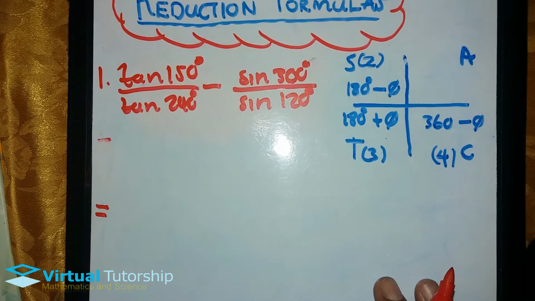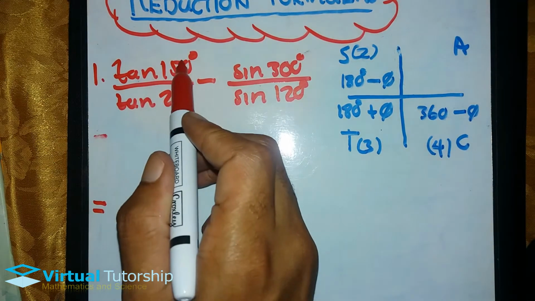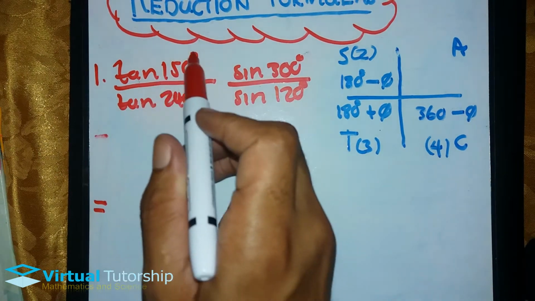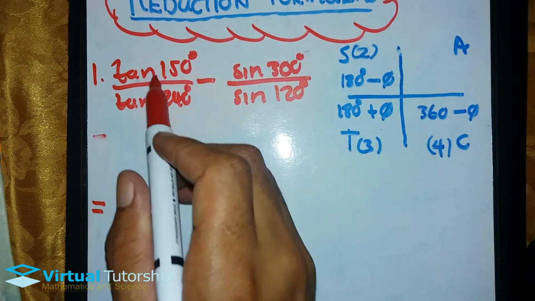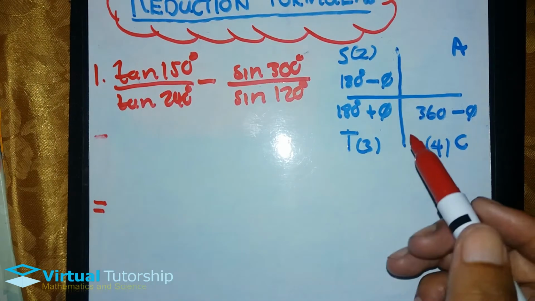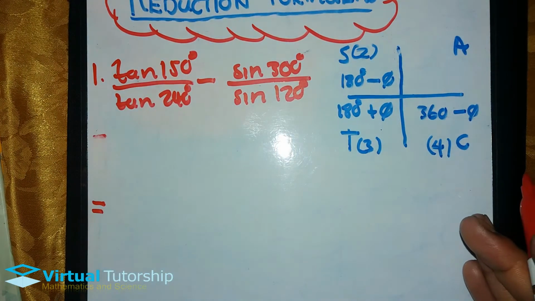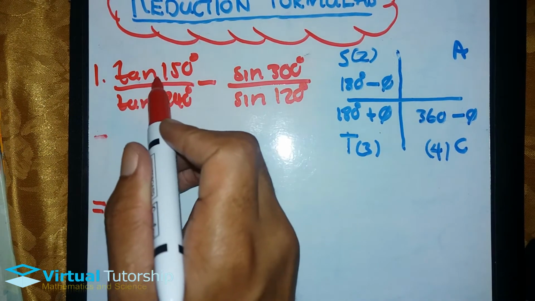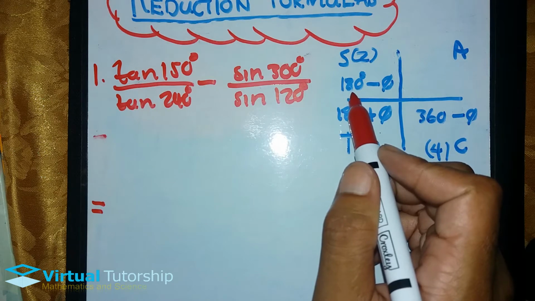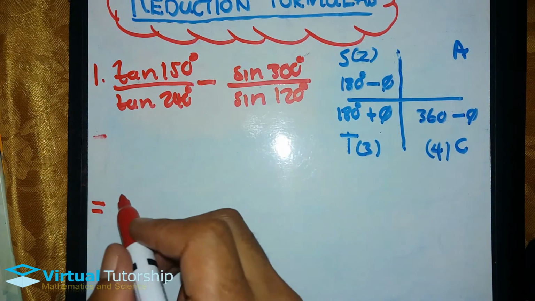So when using ama reduction formulas, ubheka ama angle abakunike wona, especially in questions kanje njengalawa, so ngizocheck ukuthi lama angle abanginika wona are closer to which reduction formula. So for instance 150 is closer to 180 degrees, ne?